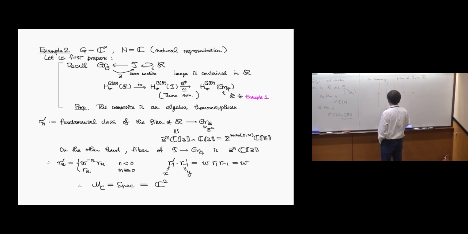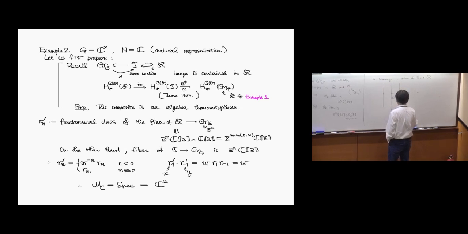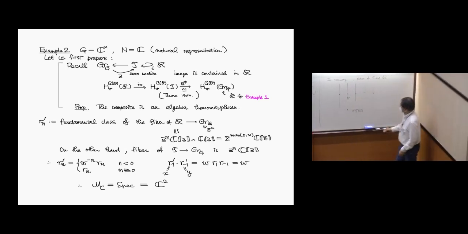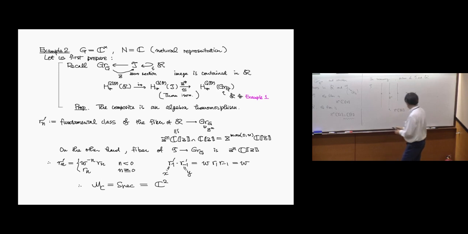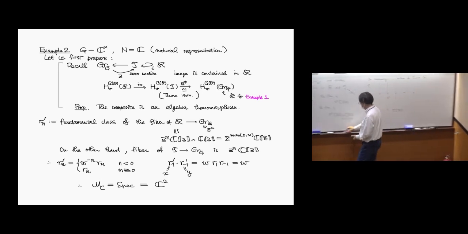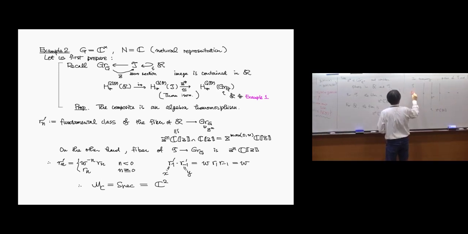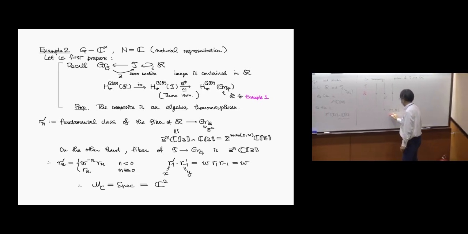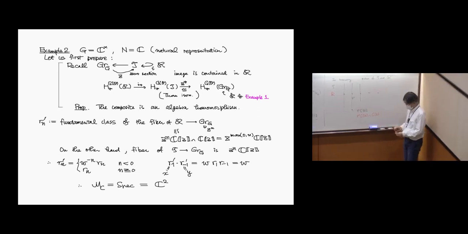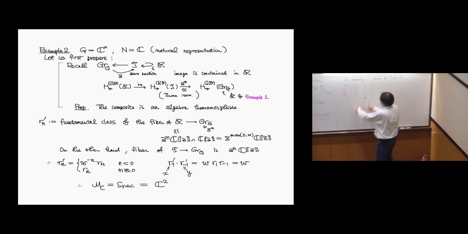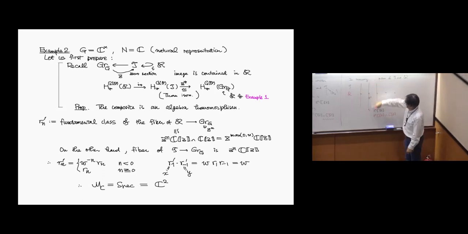So this is G to the power N of C of D. So this is T. And R is almost the same. You have an infinite dimensional vector space. But instead of this, you replace it by a smaller space. Right? This is a picture of T and R. And this is a vector space.